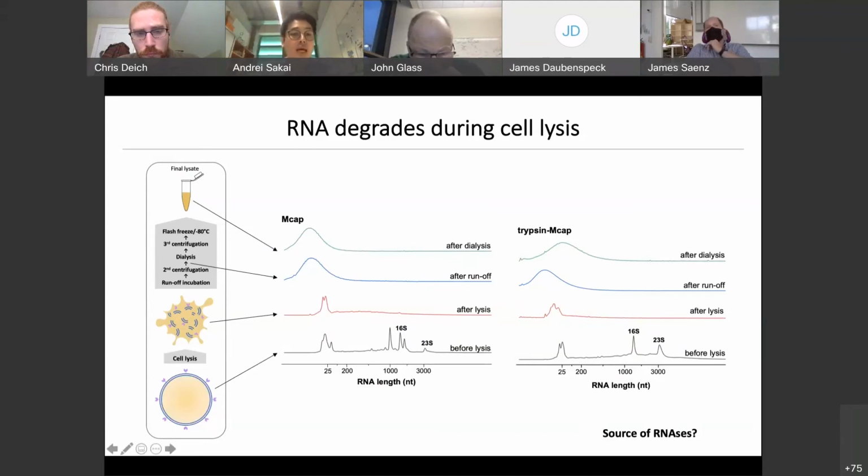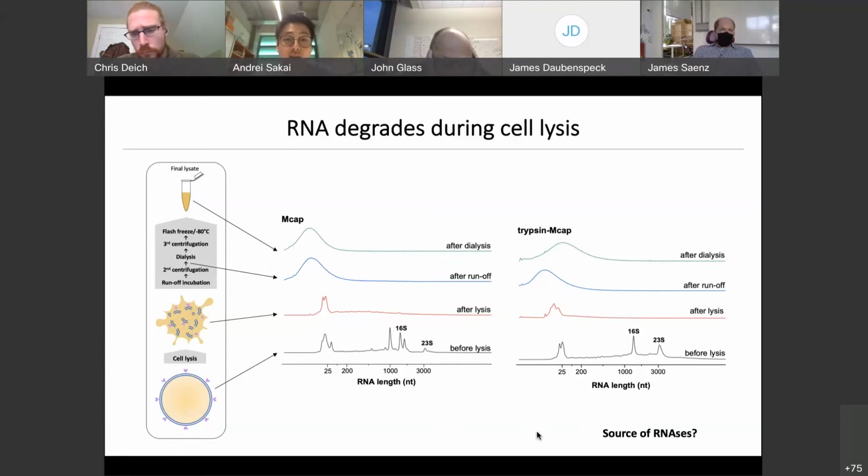So here in the bottom is just the RNA content of the whole cells before the lysis. Here is right after the lysis in red, and in blue after the runoff incubation, and in green here is after the dialysis.